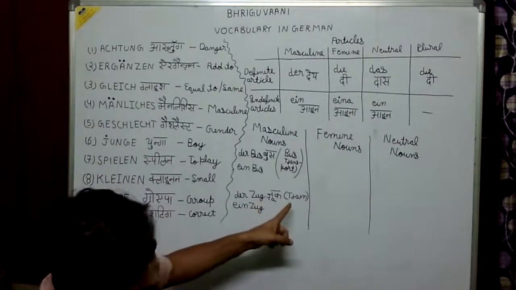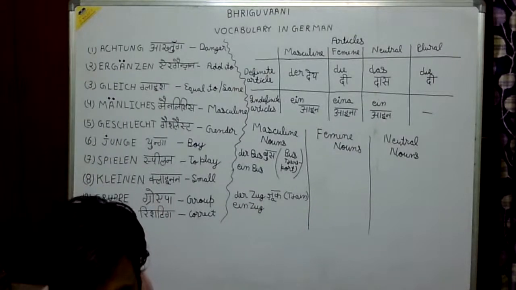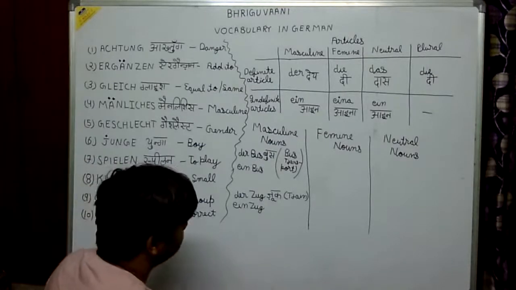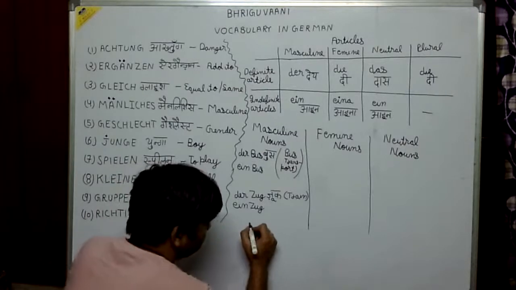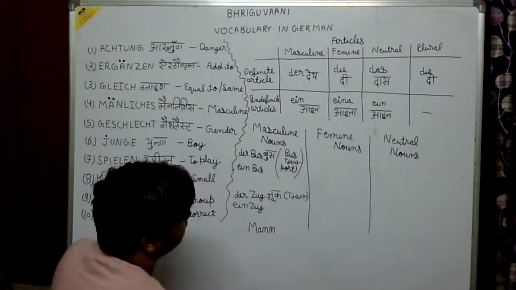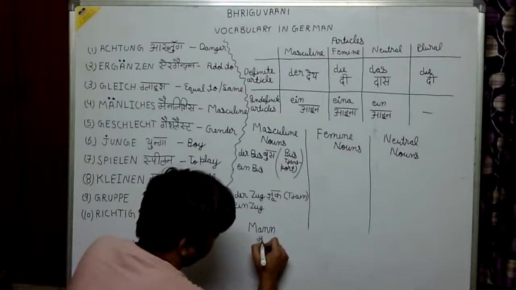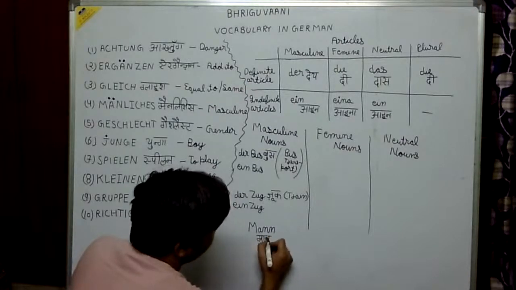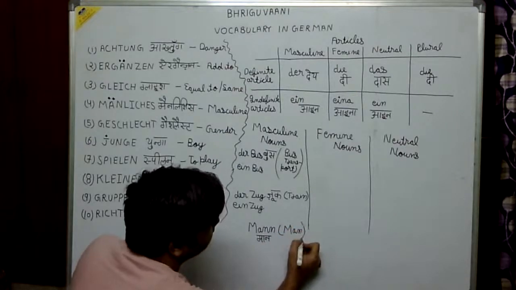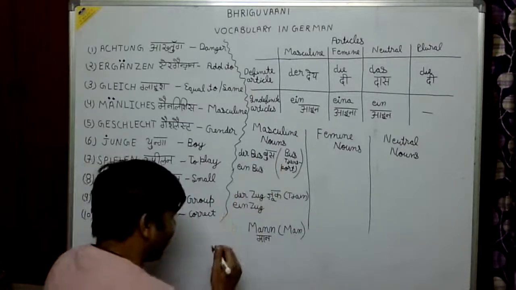What does this Zug mean? This Zug means train. Now we have a word called Mann. M, like this we write. What does this Mann mean? This Mann means man. And of course, it's a man, so it's a masculine noun.